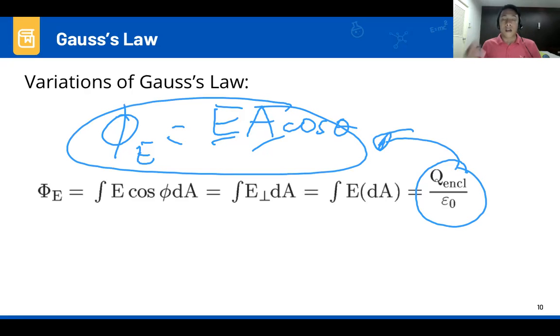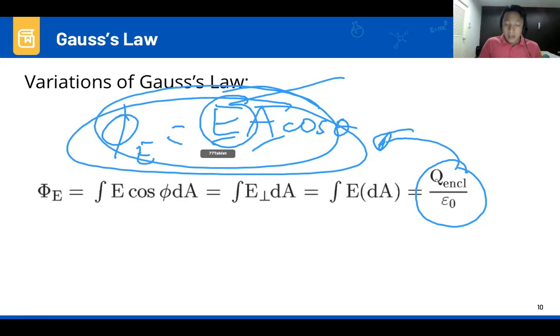Electric flux, electric field, and then the charge. Kasi dito hindi mo makuha si charge. Di ba? Kasi si E, there's another formula for this. Right? So, kumbaga, this will be the combination of all the formulas. The Q over E0. Okay?